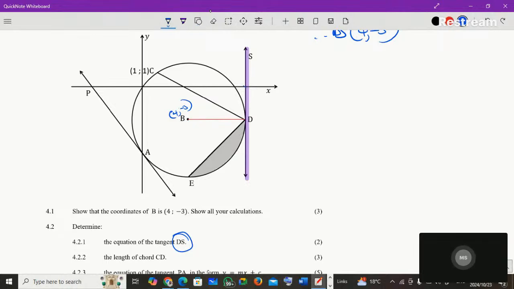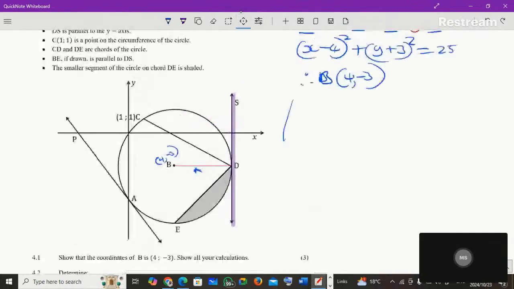That will mean if it is horizontal, the radius is what? Remember from our equation, r squared is 25.